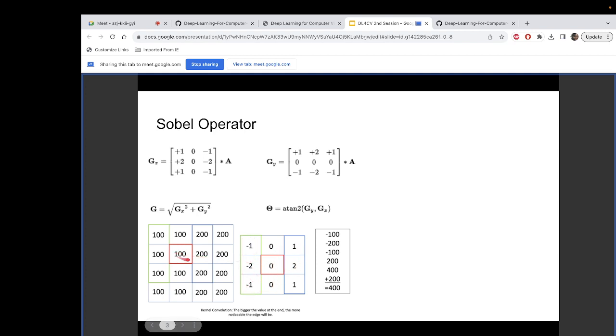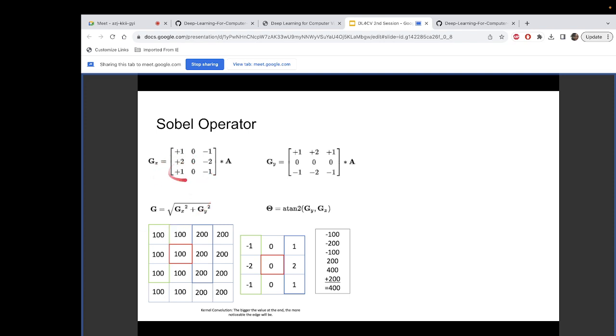Your central pixel, which is here, is trying to see what is in the left neighborhood, these three, and what is in the right neighborhood, these three. Are they very different or not? That is what this particular matrix is trying to measure. If the values are very different, then that means there's an edge here. This particular pixel probably is part of an edge. That is all that is there to these kind of operators, right?